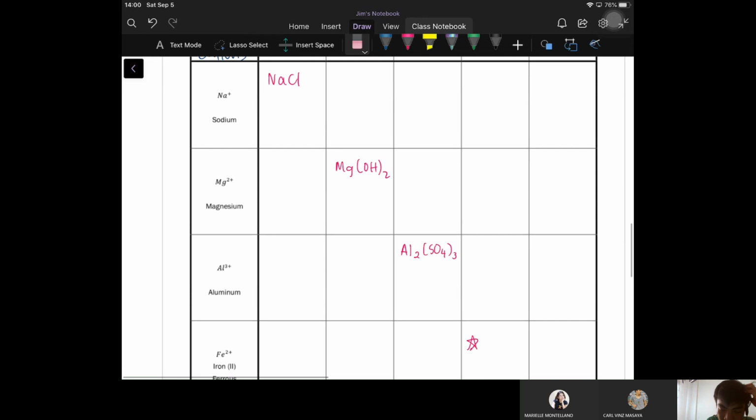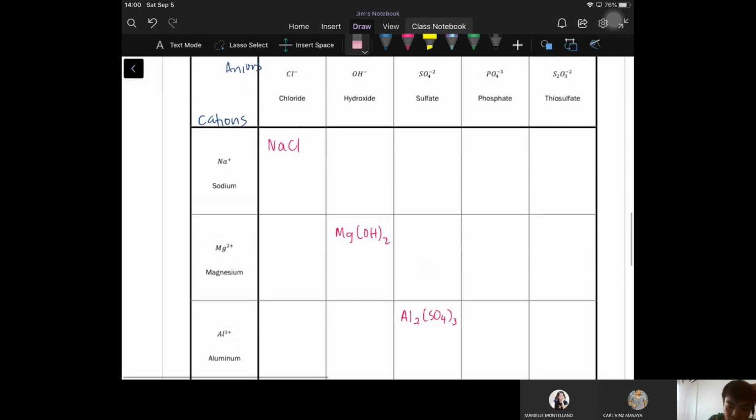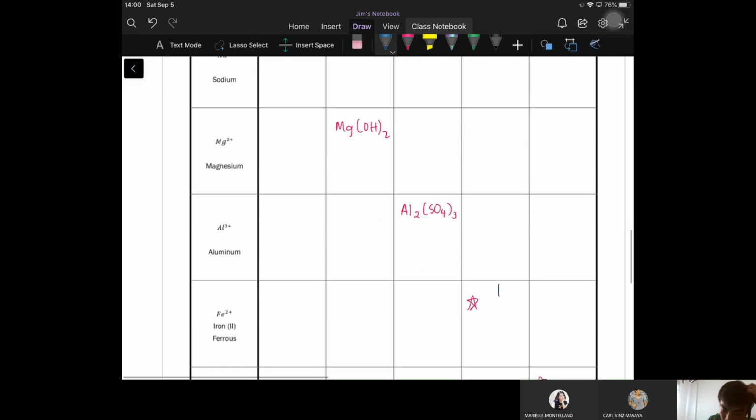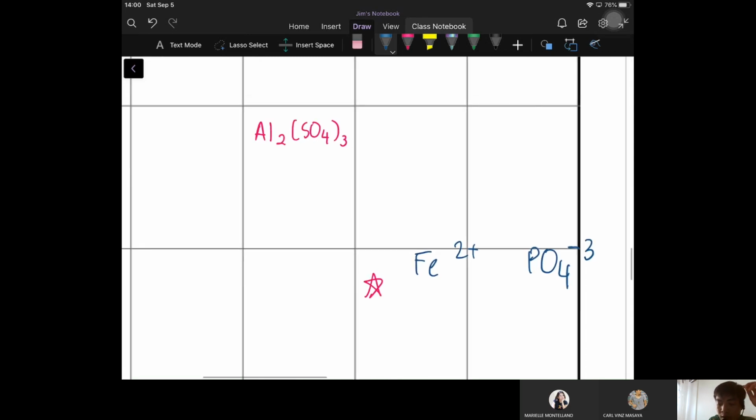Okay. Fe 3 plus and PO4 negative 3. Okay, so again, look at your phosphate, no? This PO4, looking at it, it is a polyatomic ion. Why polyatomic? Because it has more than 2 atoms, more than 2 elements. So, what we do there is parenthesis. Okay?